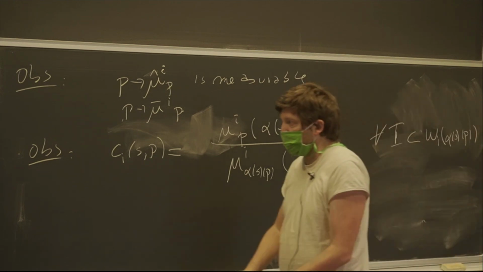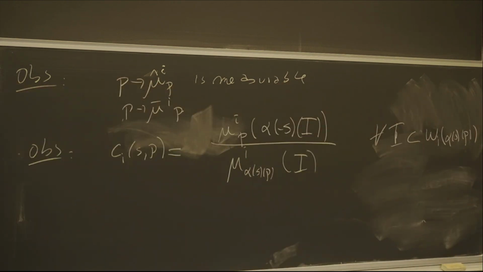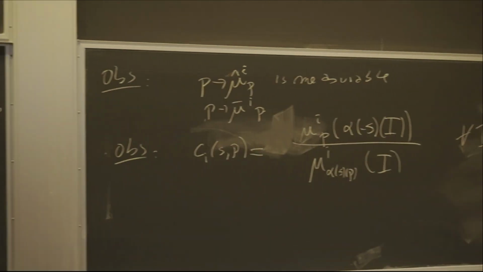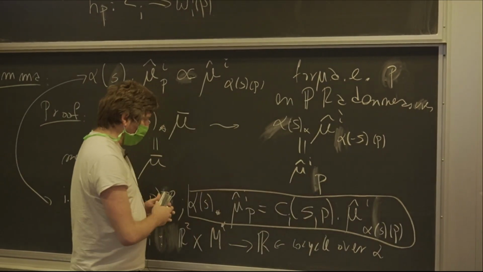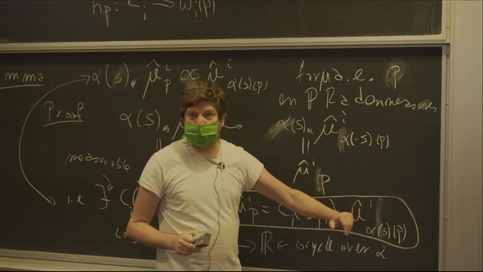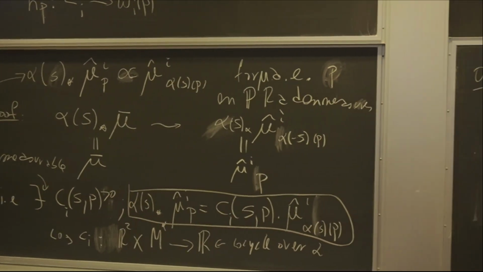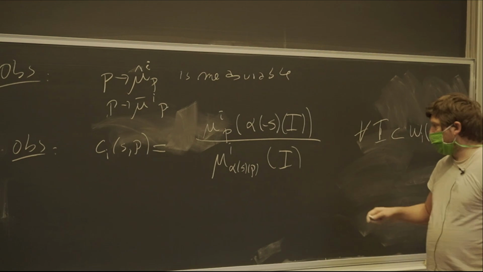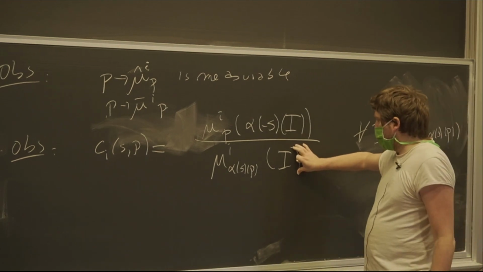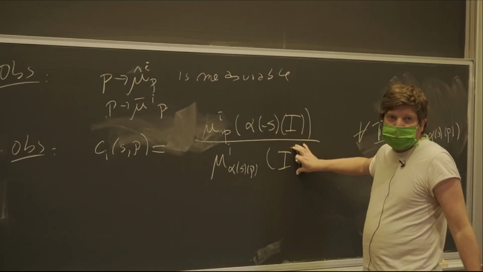That's just because this formula is holding. The fact that this formula is true tells you that if I evaluate on an interval here, it's the same as evaluating on an interval there, and it's independent of the choice of the interval. And then, of course, I need the denominator to be positive for this to make sense.